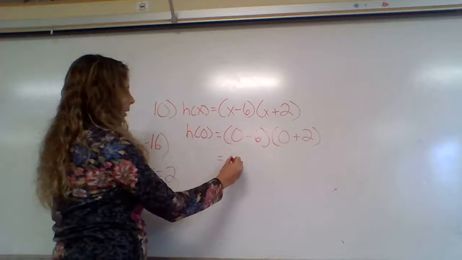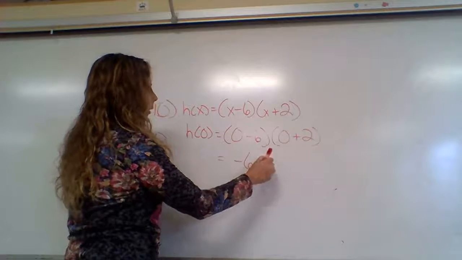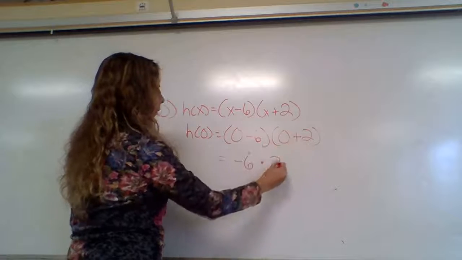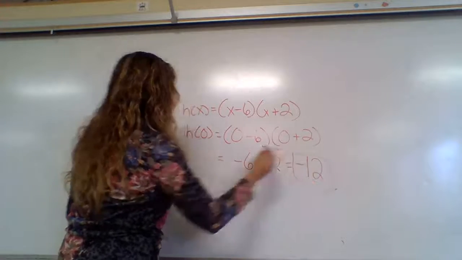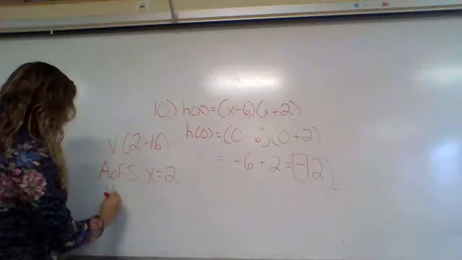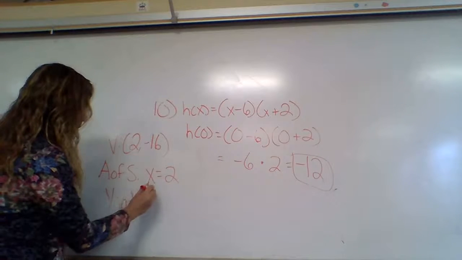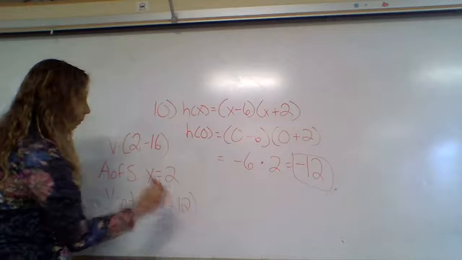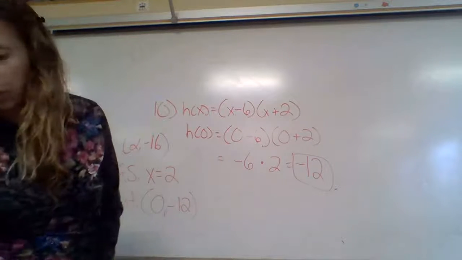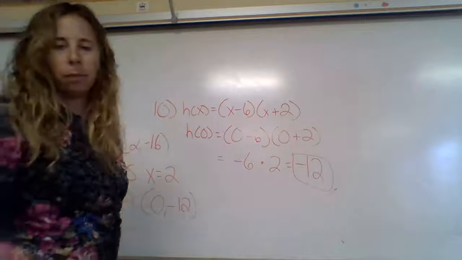Zero minus 6 is negative 6 times 0 plus 2, 2. So you get negative 12. So your y-intercept is 0, negative 12. Make sure I agree with myself, and I do.